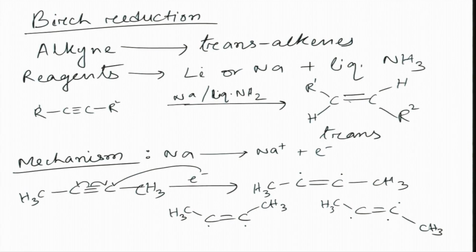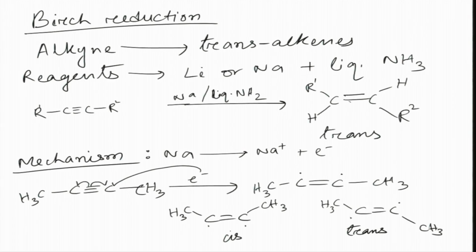This is cis, this is trans. Now, according to steric hindrance, trans is more stable, we know that. So, by preference the reaction will favor the trans isomer. Now, let us take the trans isomer.